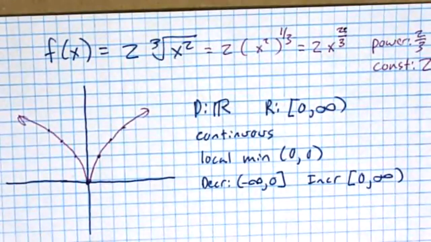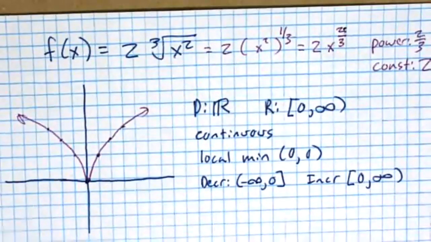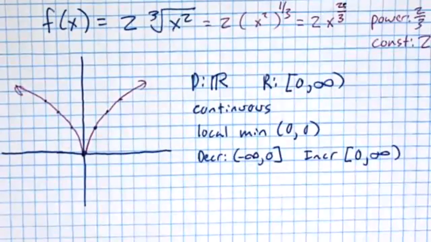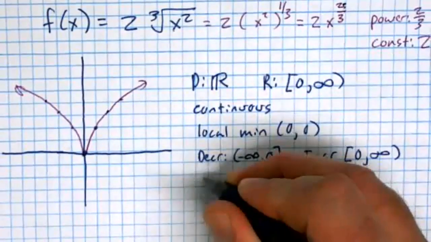Remember when we do increasing and decreasing, we do them as intervals. You have X values, not Y values. Symmetry? Yep.